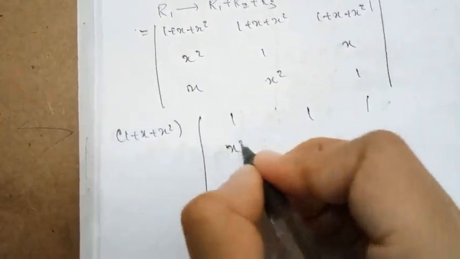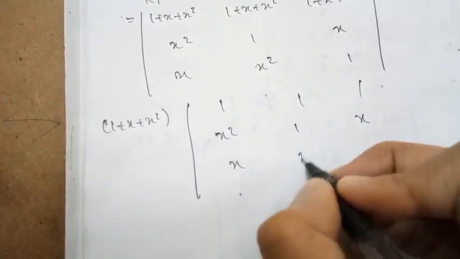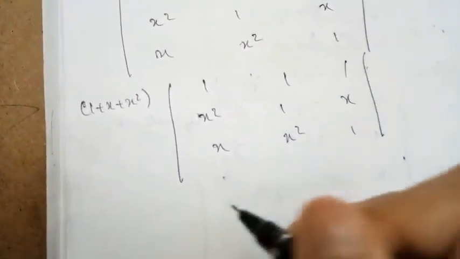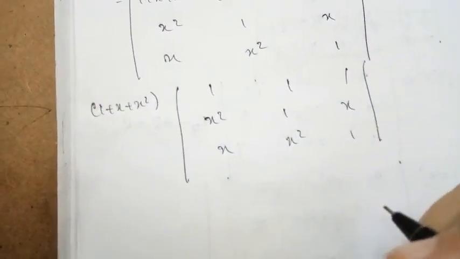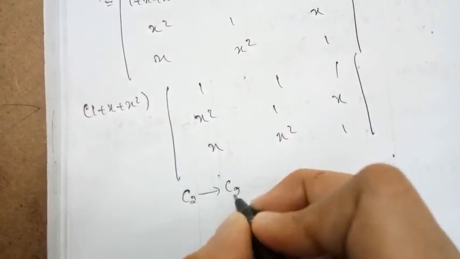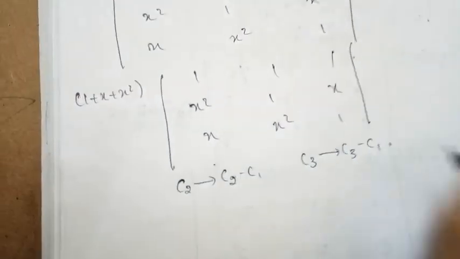Here remaining after that the first row becomes 1 1 1, second row and third row remain as it is. Now the common thing I am going to use, I am making any two elements of the first row equal to 0. So for that I am applying the column operation C2 implies C2 minus C1 and C3 implies C3 minus C1.